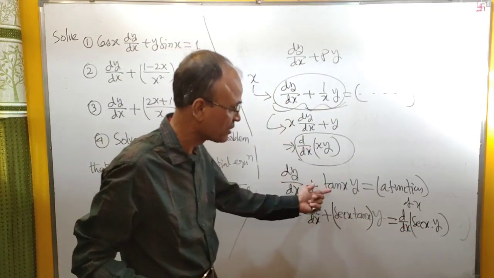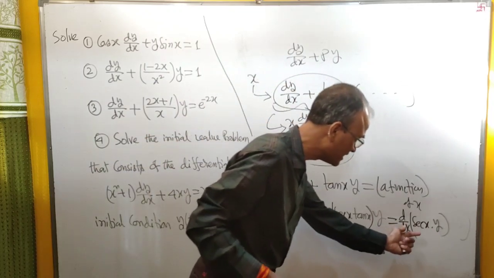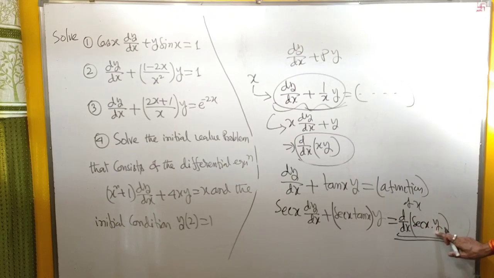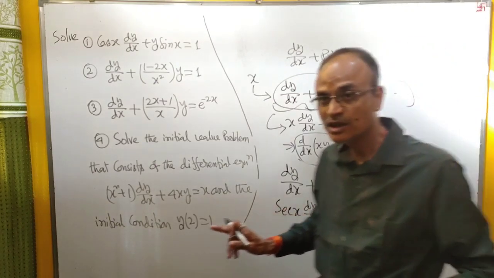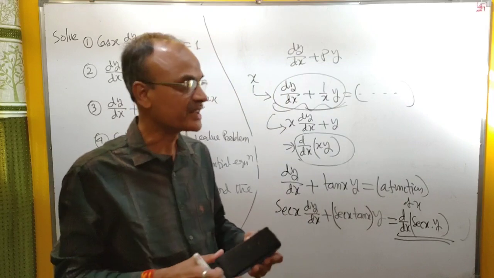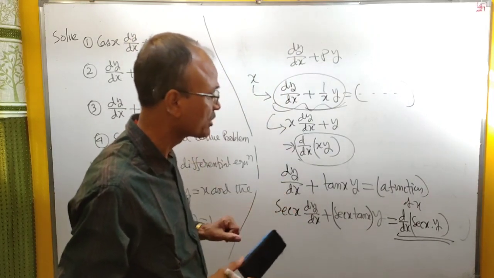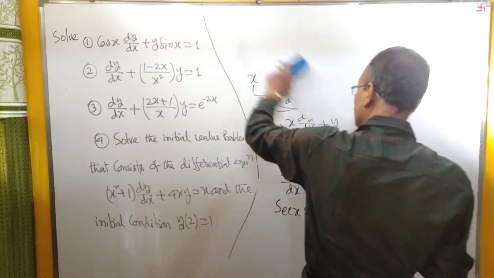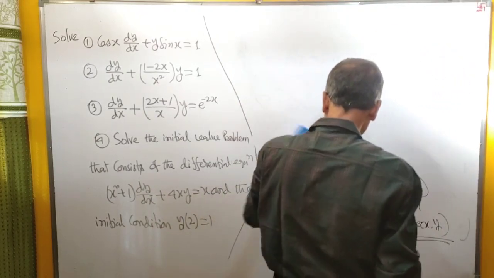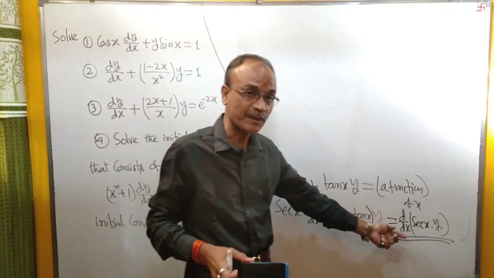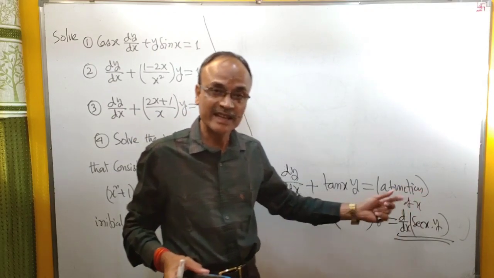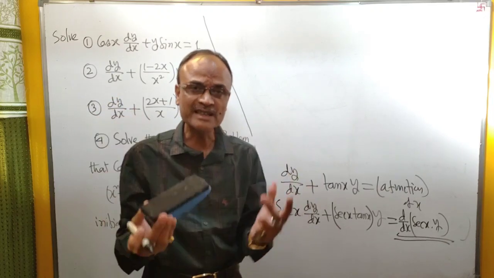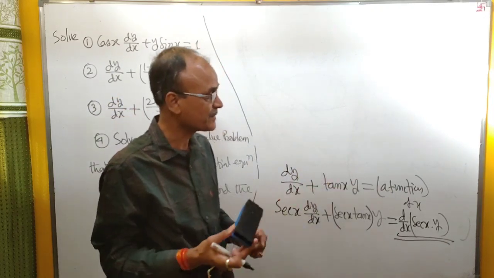We may write the left hand side as d dx of sec x into y. Sec x will be the integrating factor here. In this way we find integrating factors. But how will you find the integrating factor? How will we find it?